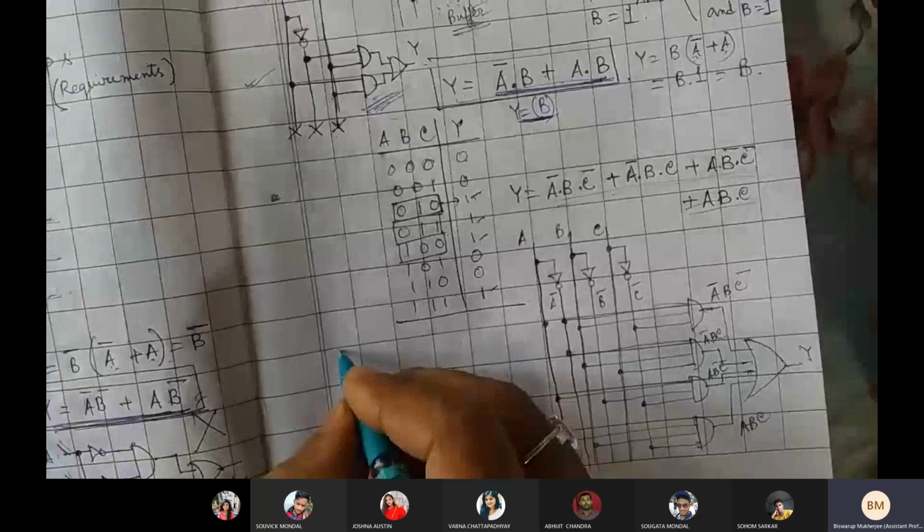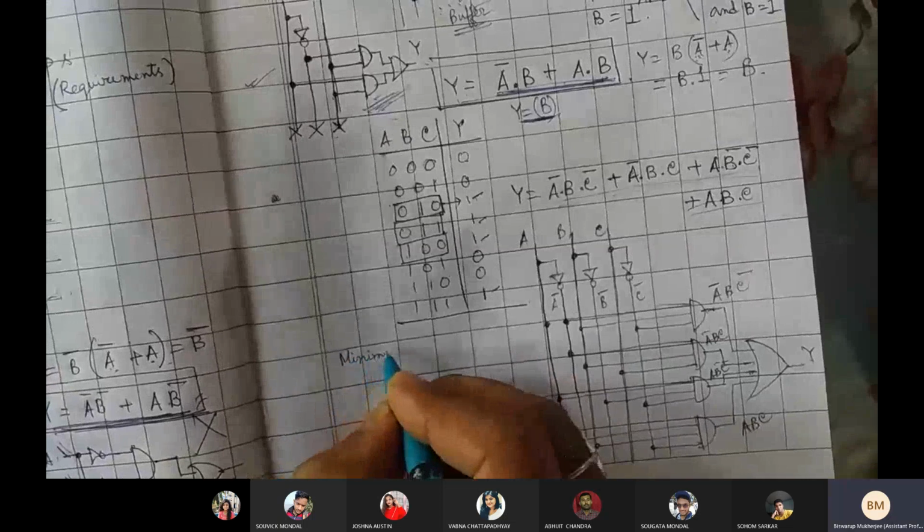So my job is to get a minimized Boolean function. It's not only to find out the Boolean function, but this is also important.